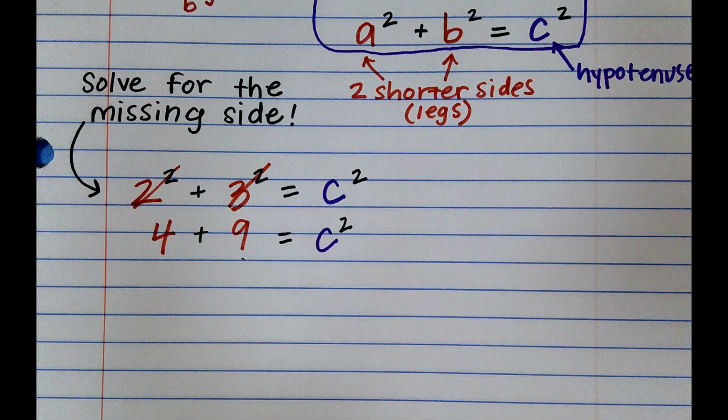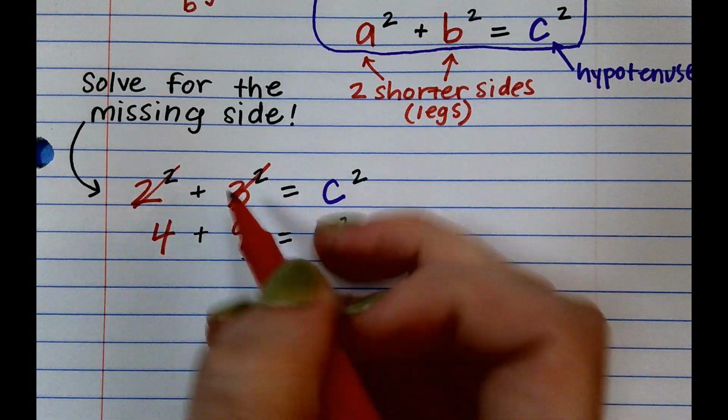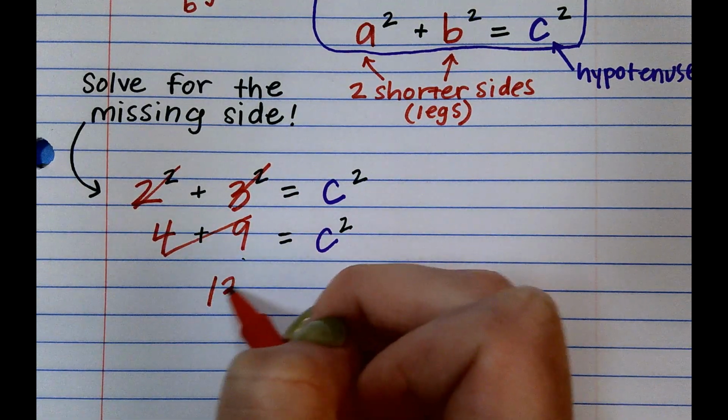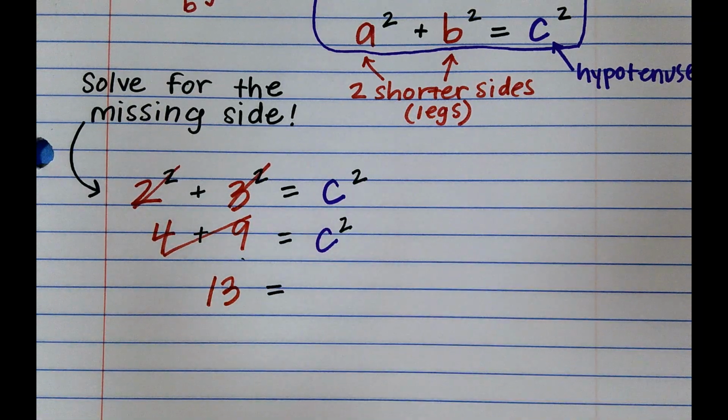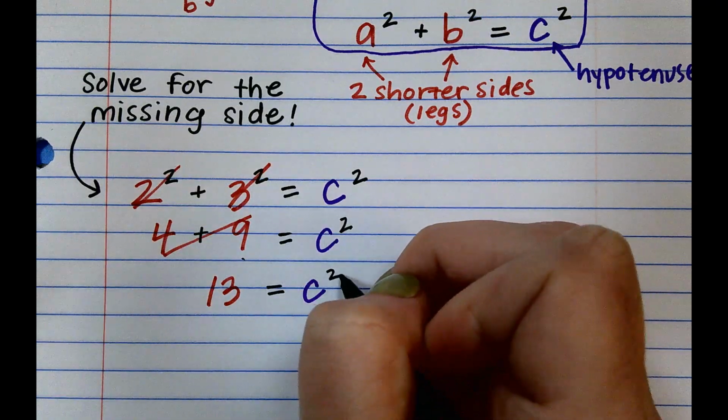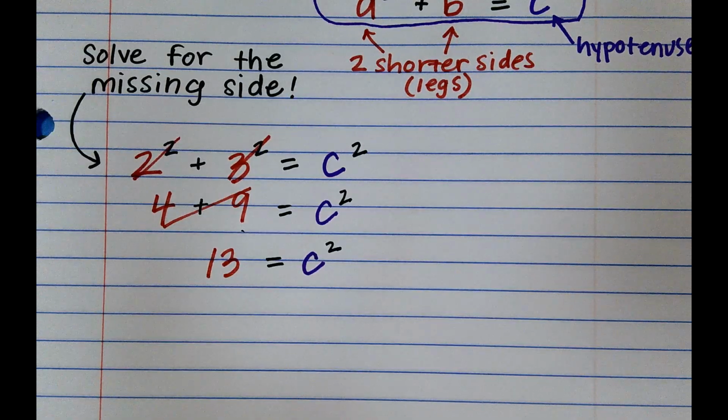Now what's 4 plus 9? 13. So 13 equals C squared. The C can't be squared though, you're right.